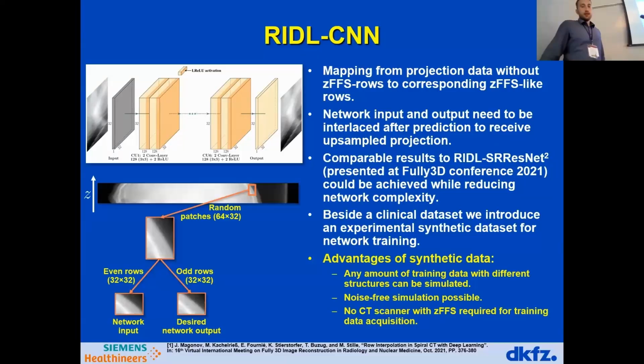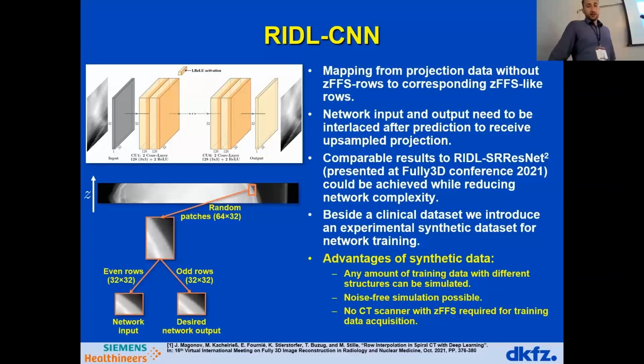Here you can see the basic network structure that we use. In total, it is a convolutional network, the RIDDLE CNN, which learns a mapping from projection data without Z-flying focal spot rows to corresponding ZFFS-like rows.